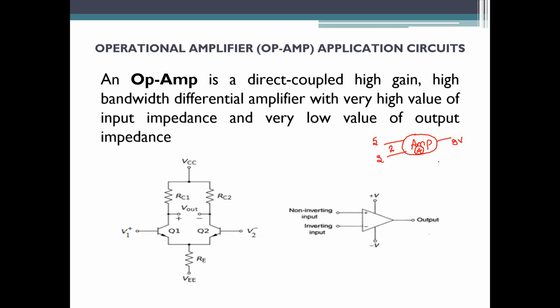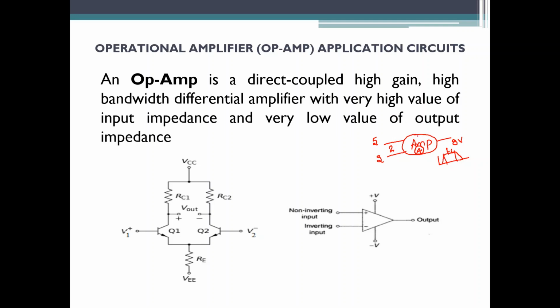High bandwidth means the range of frequencies for which the op-amp will work is comparatively greater. You call it the cutoff frequency, F lower and F upper. F upper minus F lower gives you the bandwidth. Normally the bandwidth of this op-amp will be very high when compared to a normal amplifier.